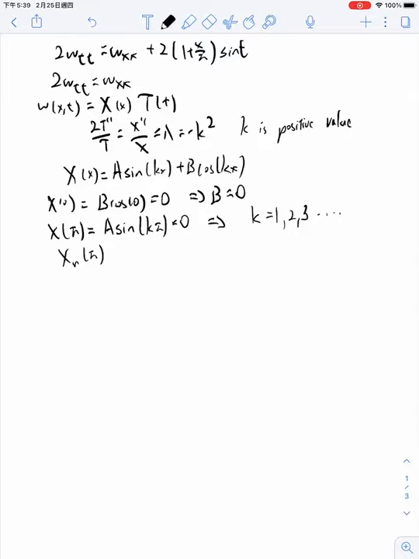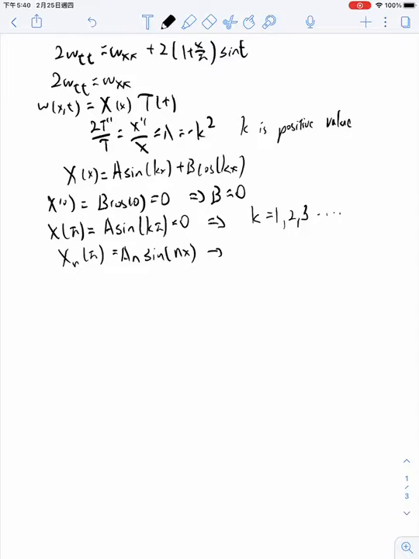So the function X_n is equal to a_n sine nx here, and this is the eigenfunction we get.